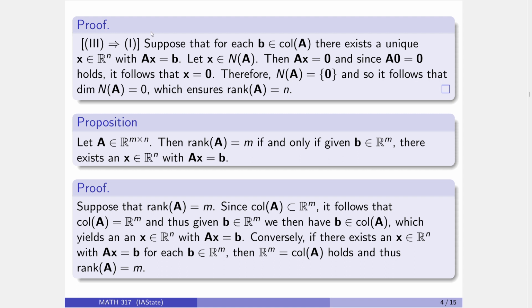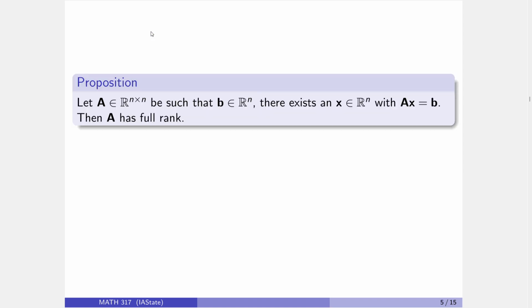Alright. Now, with all of this talk about solving systems of linear equations, Ax equals b, one more thing I included. So note that for a square matrix, we get a neat little consequence: Ax equals b always having a solution means that A actually has to be full rank.